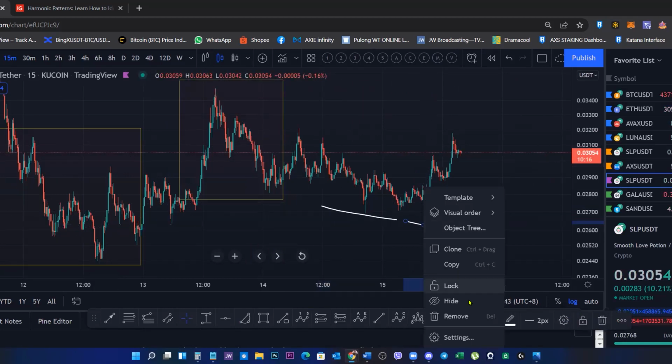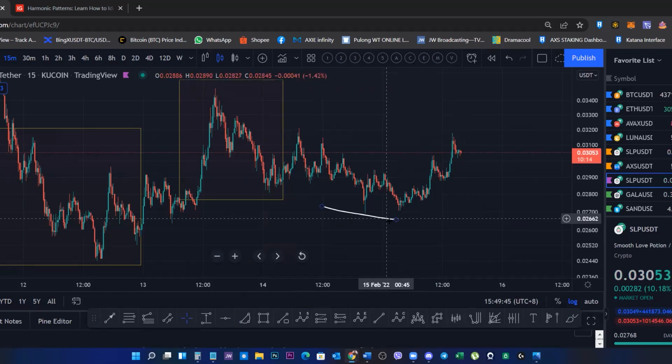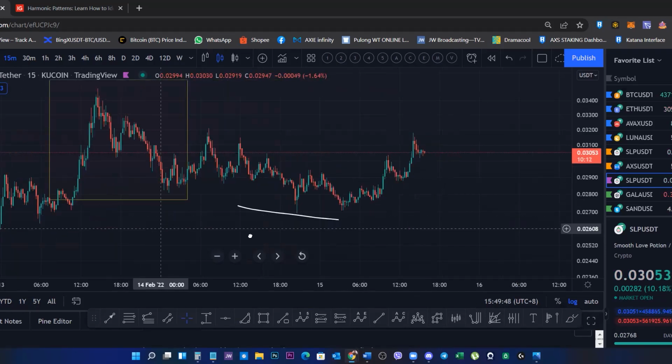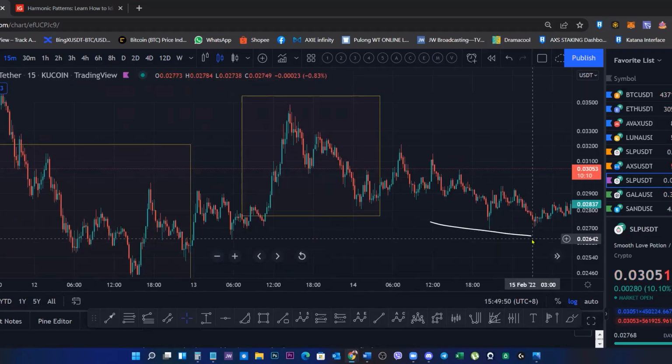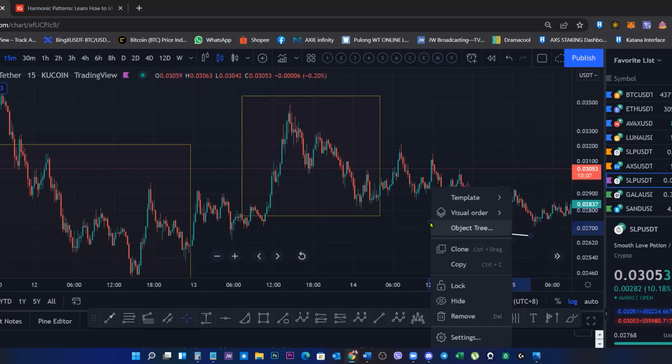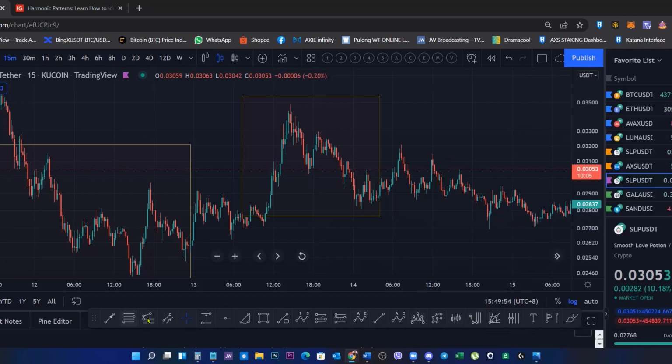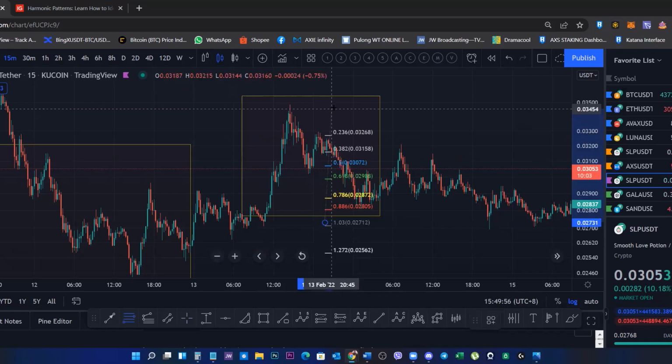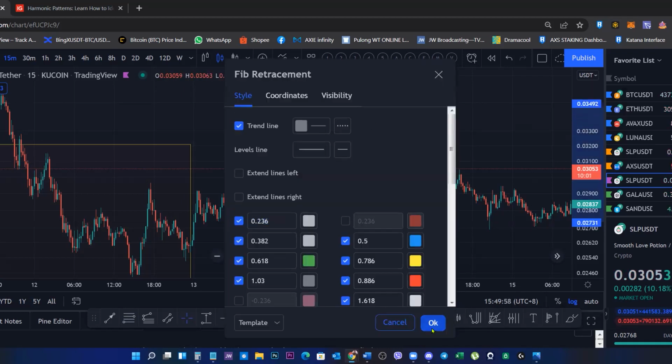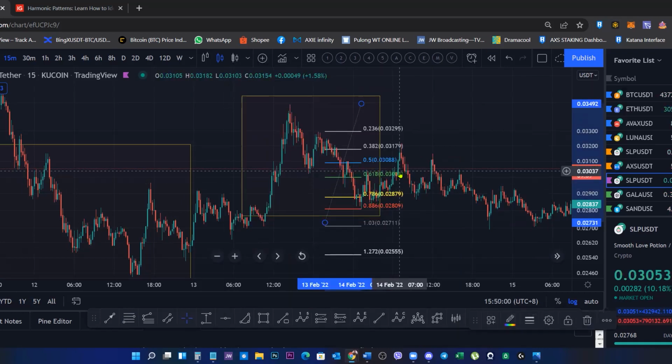Okay, so we'll make this one. Okay, now see, from here to here, is it valid? Yes, it is near to 0.618 or 0.5. So possible harmonic pattern.